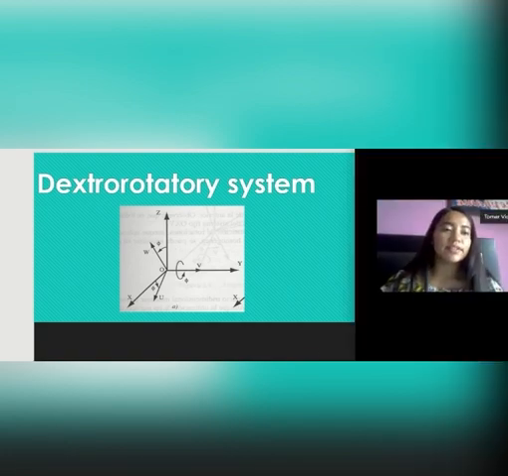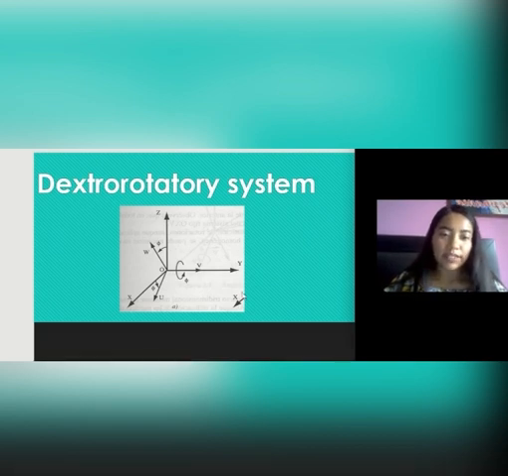Then I want to mention the extra rotatory system because it's the most common in the exercises of the books or other exercises. The extra rotatory system consists in that when we locate a point or an angle in our Cartesian plane, the z-axis will always be positioned above, and the other axes, x and y, at the sides.